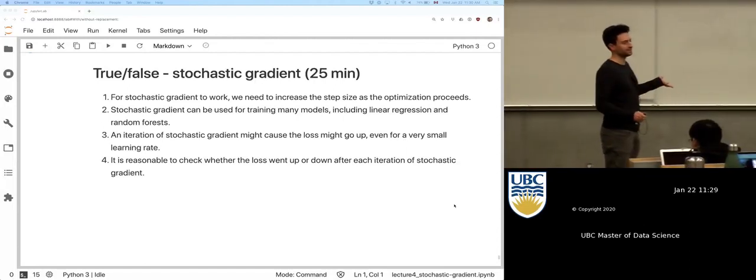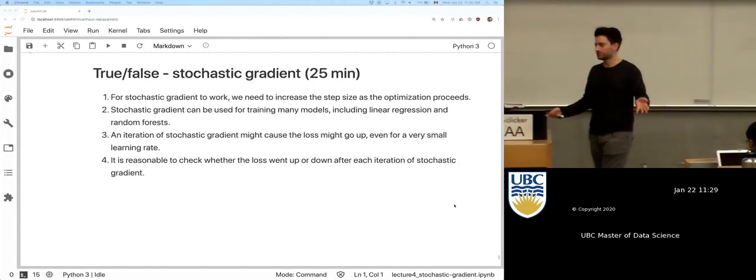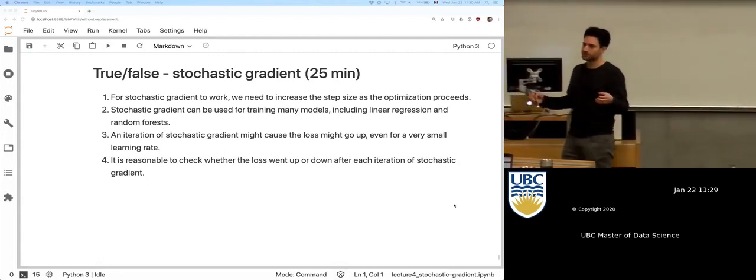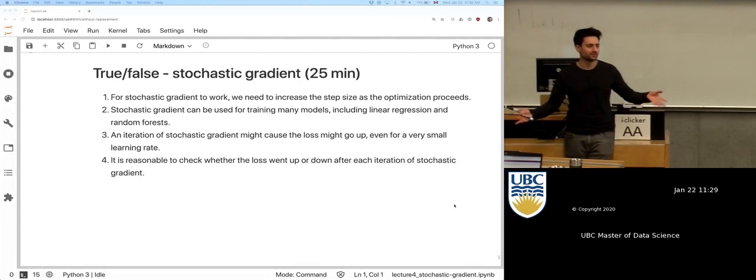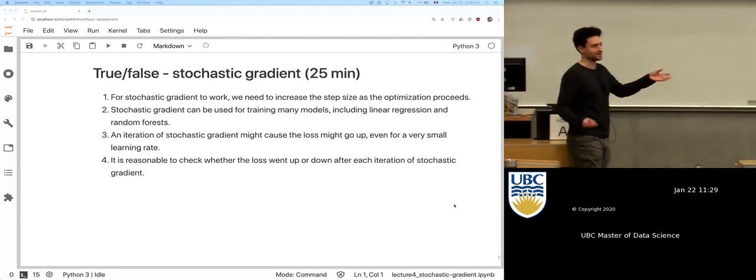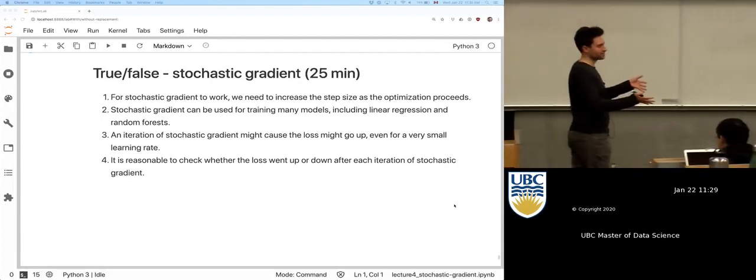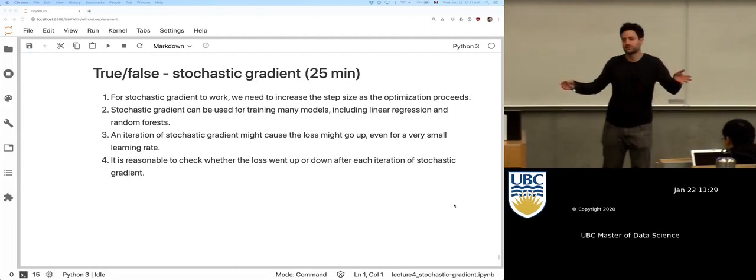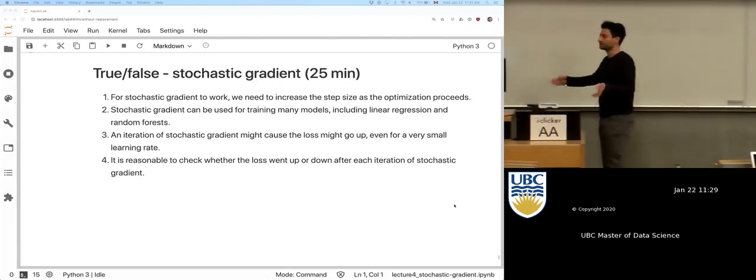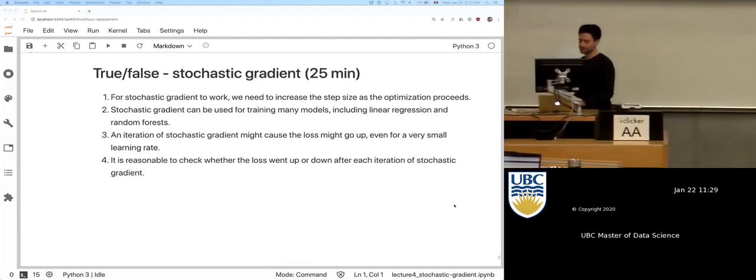But for stochastic gradient, that might not be true, because the loss is with respect to all the training examples, but you've just picked one or a few training examples and took the gradient based only on those. So it may do something silly if you picked some not very representative training examples.